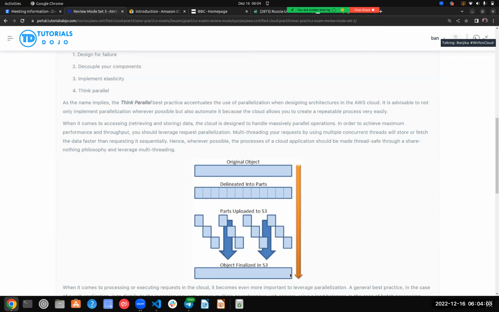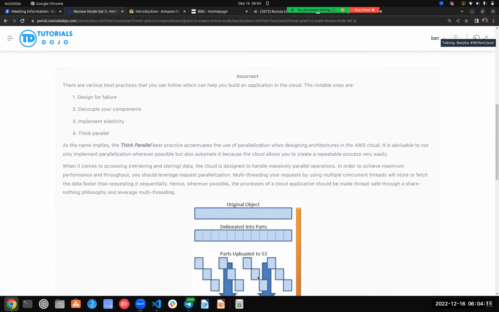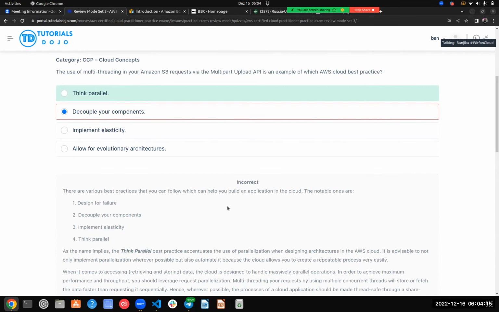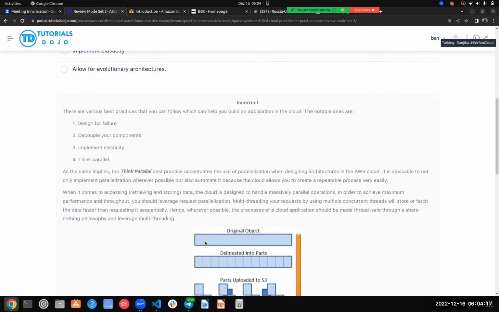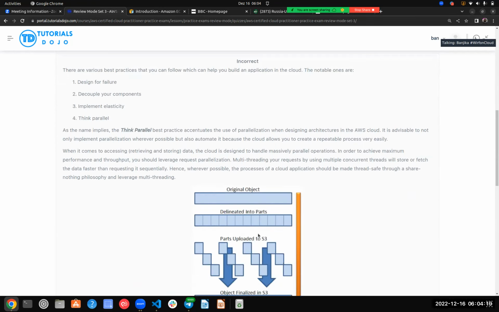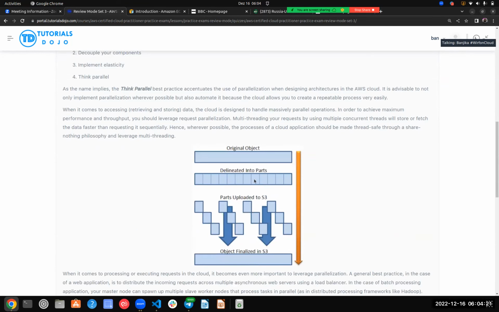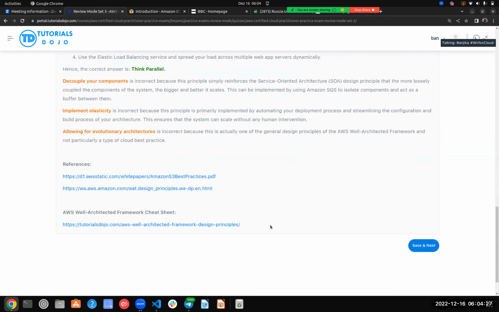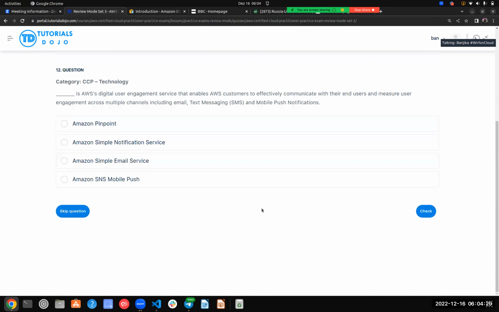So that's why I was asking if anyone can explain what multipart upload is. So you're actually doing things in parallel, because here you have objects being uploaded in parallel. Okay. Just remember that.